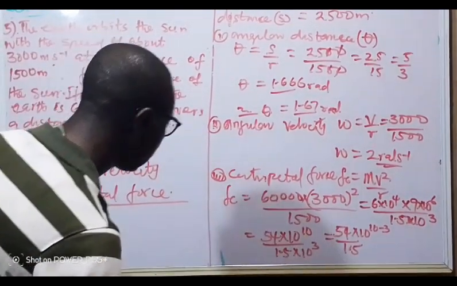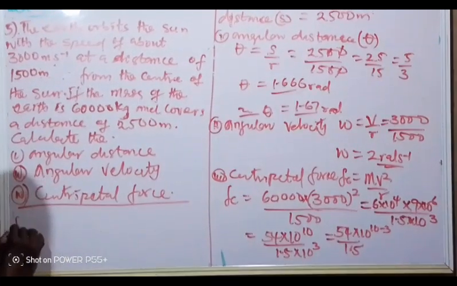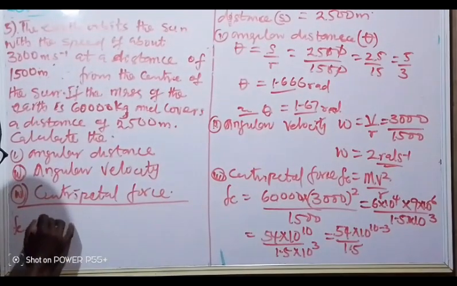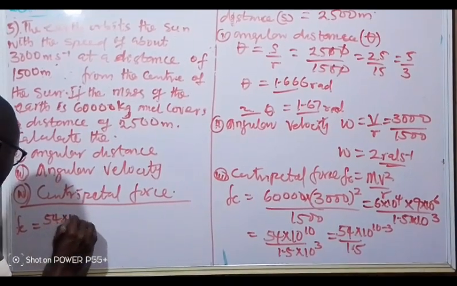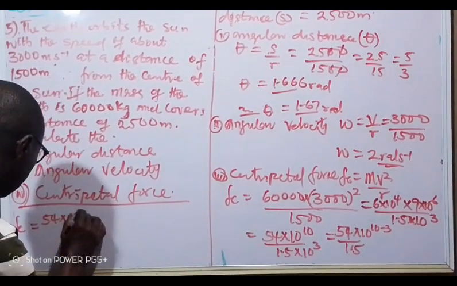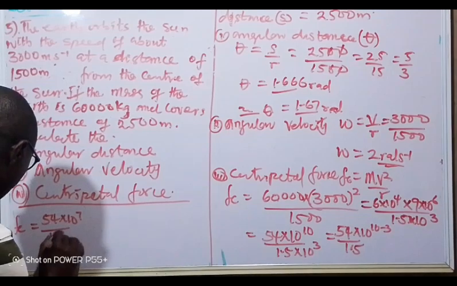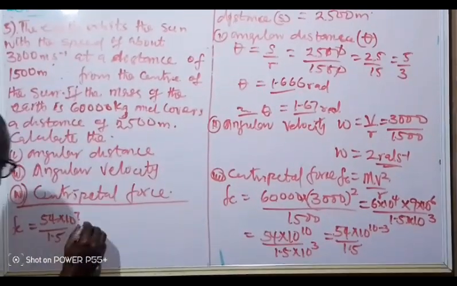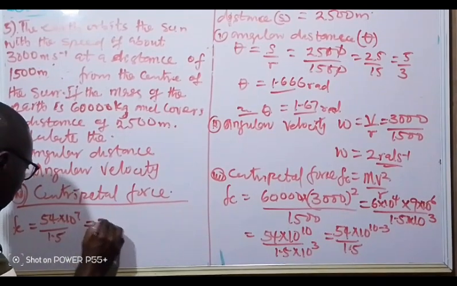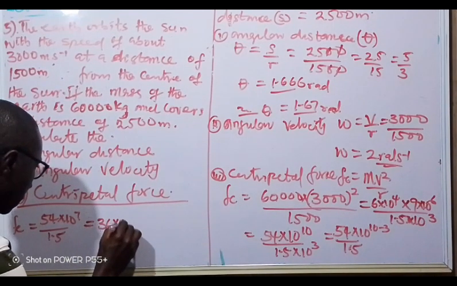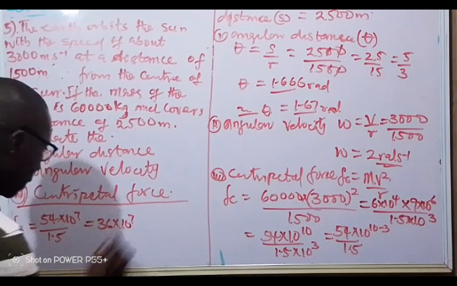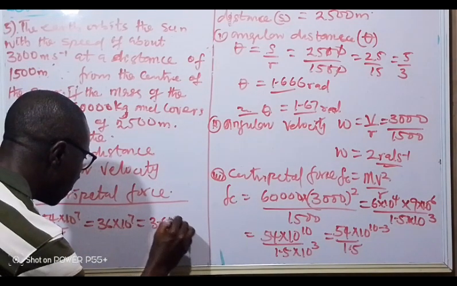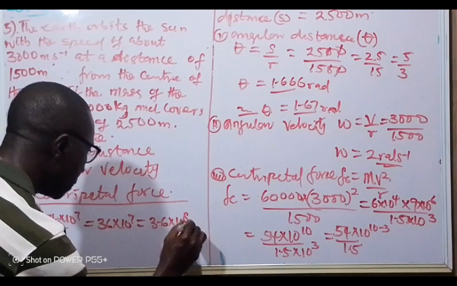Our Fc will now be equal to 54 times 10 raised to power 7 divided by 1.5. So it will give us 36 times 10 raised to power 7. And finally, the answer will give us 3.6 times 10 raised to power 8 Newton.